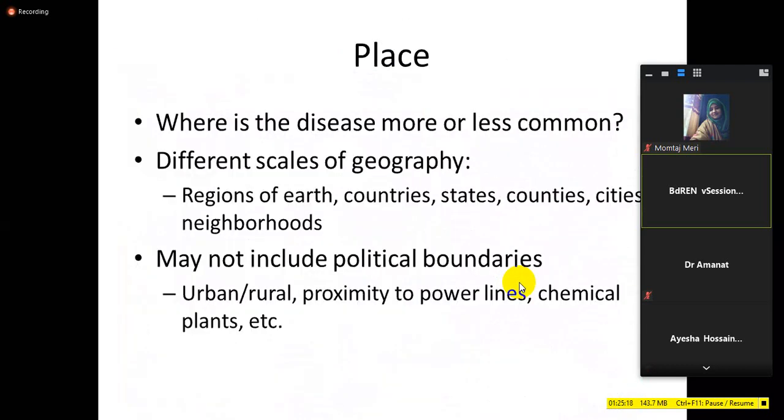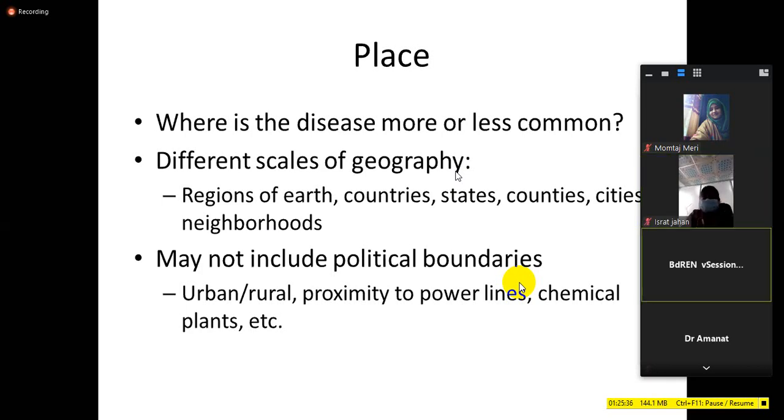So the place: where is the disease more or less common? We can use different scales, like you see in WHO files, where they use different colors, red, yellow, green, as spots. We can see where in the world the disease is more common. Even within the country, we can make this in the Bangladesh context, to see which districts are getting more sick people.